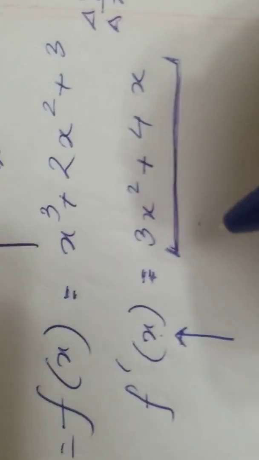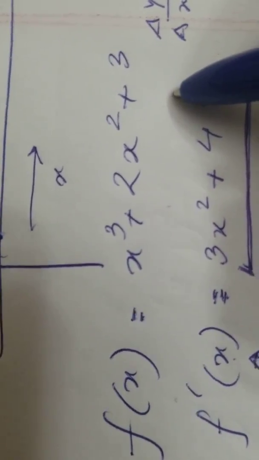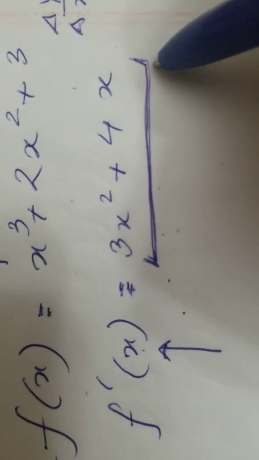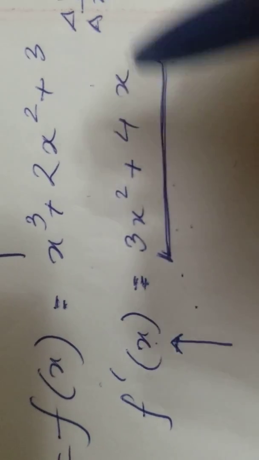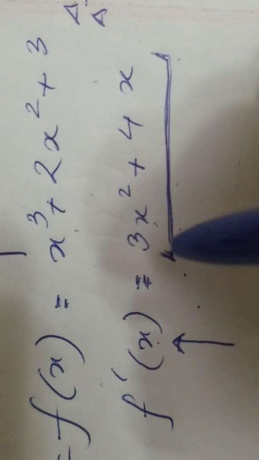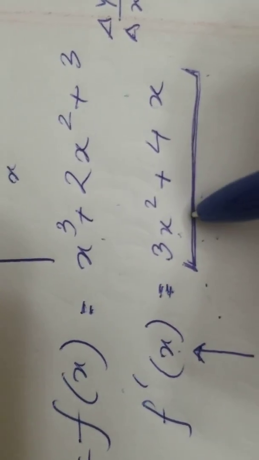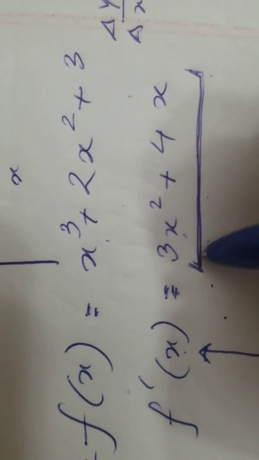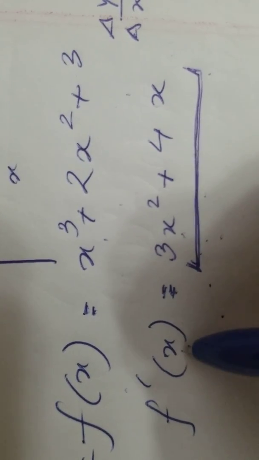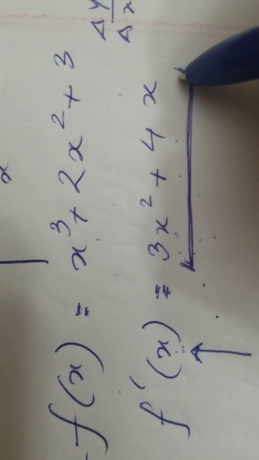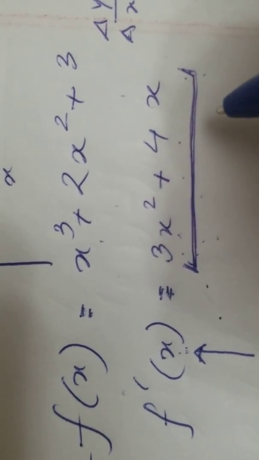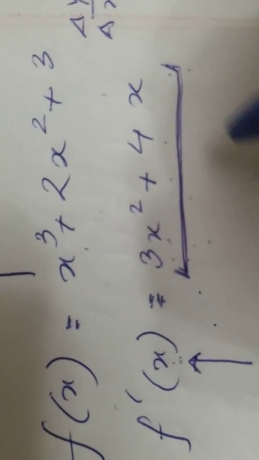To figure out that value, we just took a derivative of the curve, and the derivative gave you a new equation. Every point of x you insert here gives you the value of the slope.